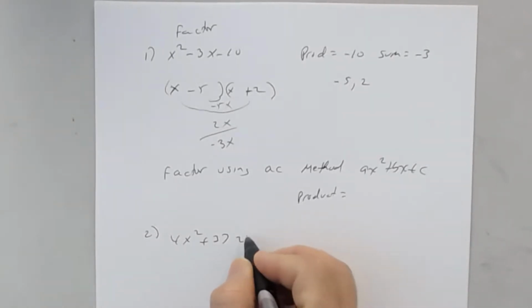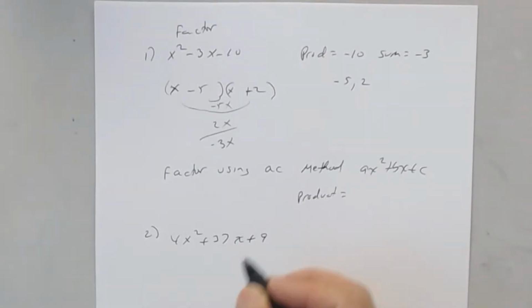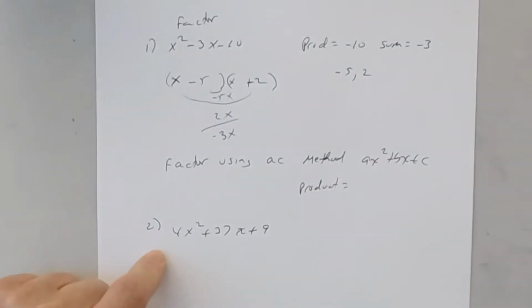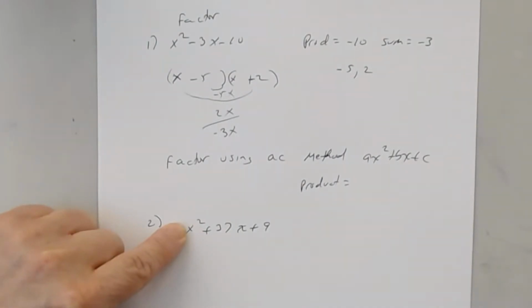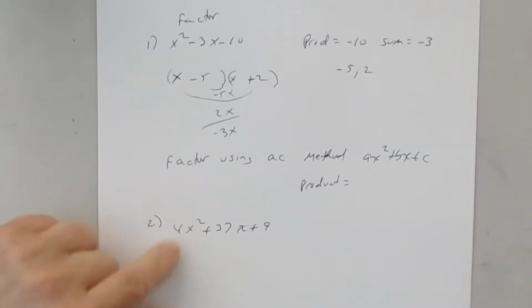But this time, if I look at this one, 4x squared plus 37x plus 9, a is no longer 1. What is a this time? 4. Now, if that was a 1, then I would say, let's find two numbers whose product is 9 and whose sum is 37. But we did that only if x squared had a coefficient of 1. It's not this time.